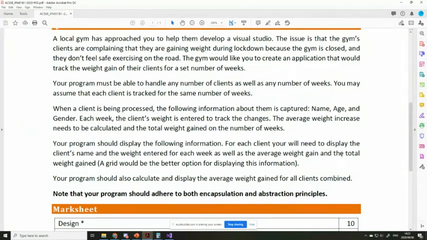So the total weight gained over the number of weeks is essentially the weight gained from day 1 to the last day they were weighed. If they gain and lose weight in between, that is all fair and nice and dandy, but ultimately you want to know what is the total amount of weight they gained over that period of time, because then you can establish an average.